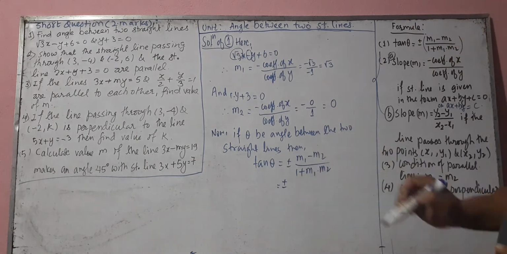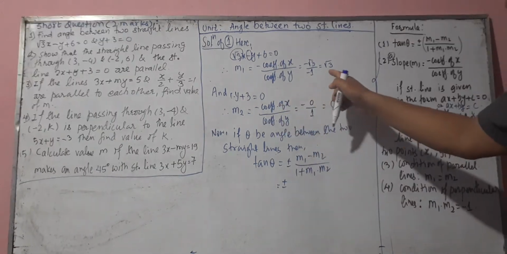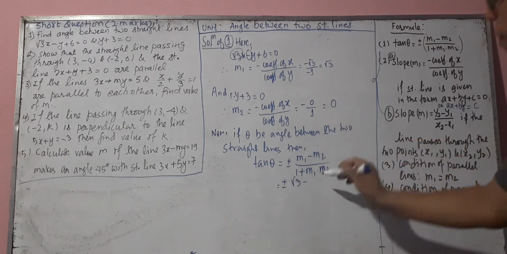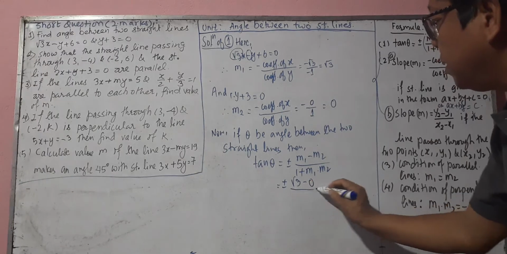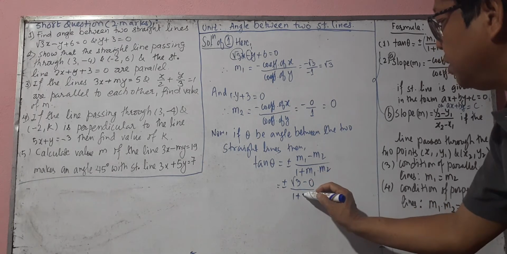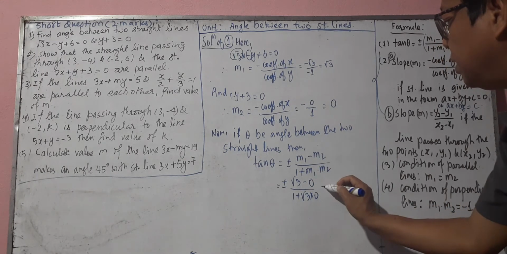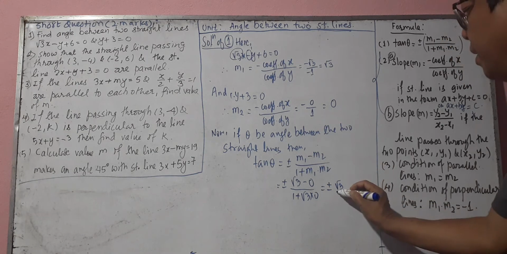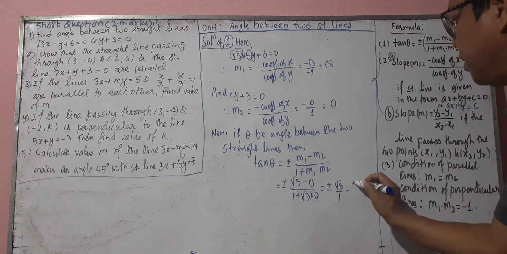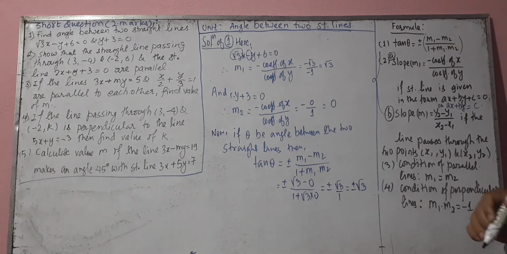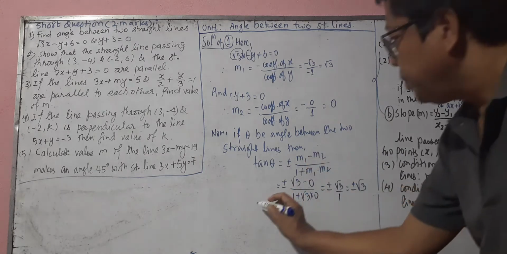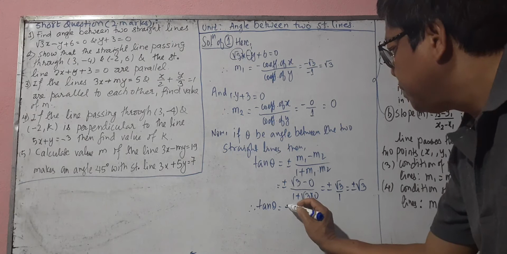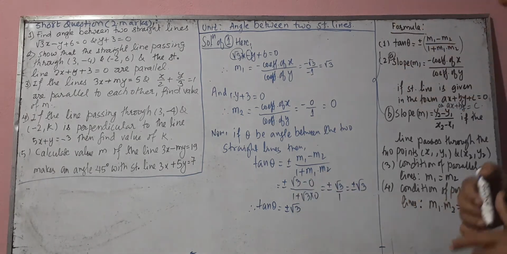The value of m1 is root 3, minus the value of m2 which is 0, divided by 1 plus root 3 times 0, which is plus minus root 3 divided by 1, that is plus minus root 3. So we have tan theta equals plus minus root 3.